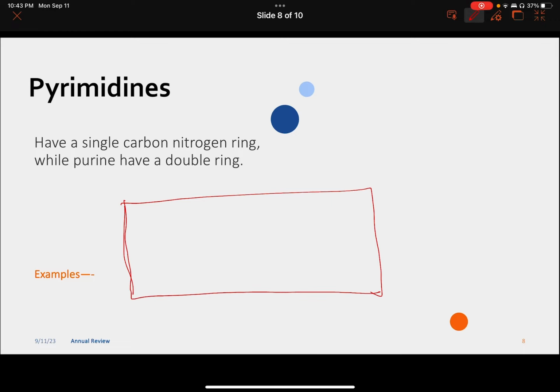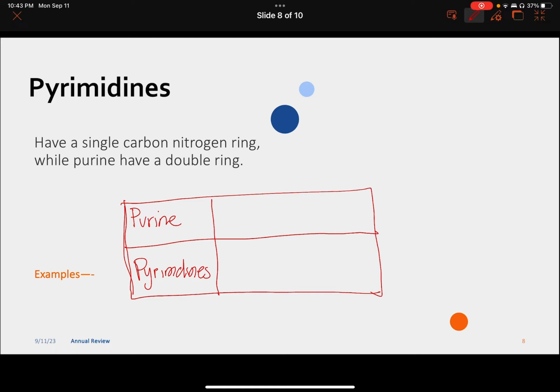So we have purine and pyrimidine. We have these two.